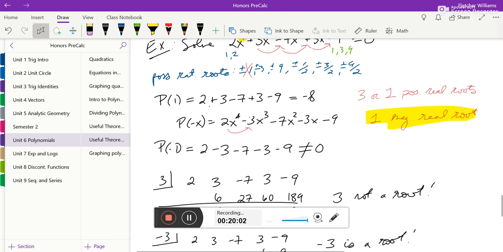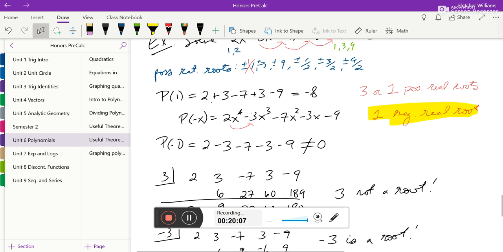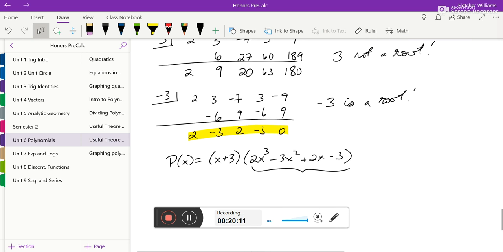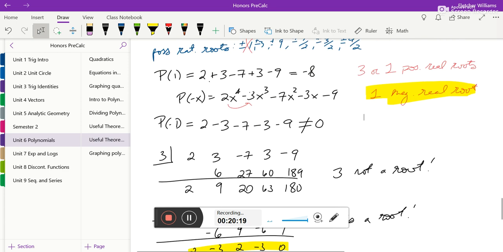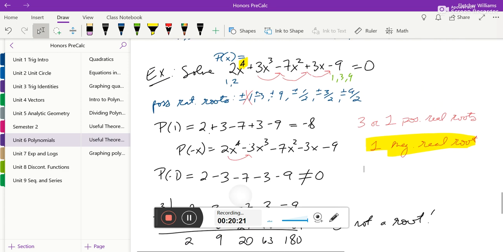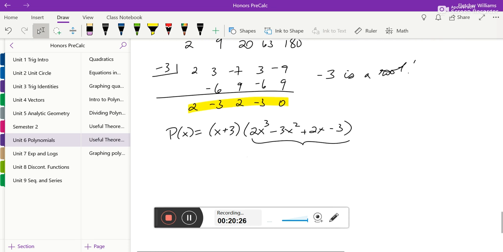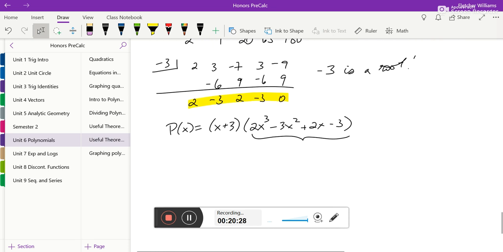So we move on. It would be a good idea to test 9. But I'm going to skip that one for now. Let's go ahead and test out some of those fractions.